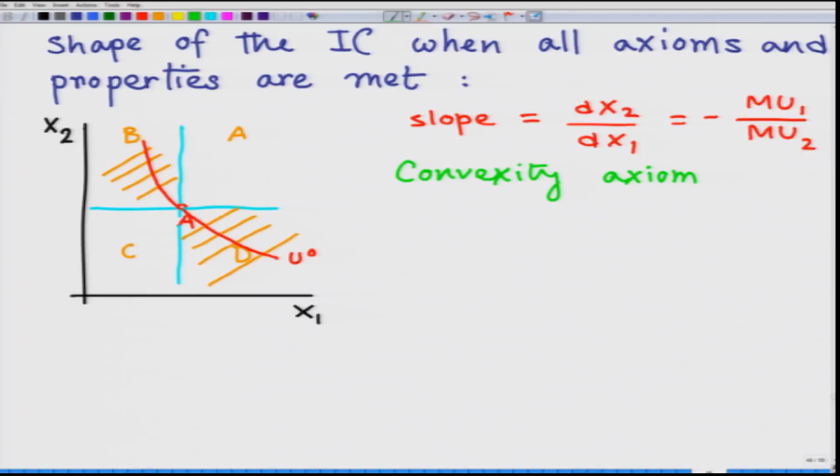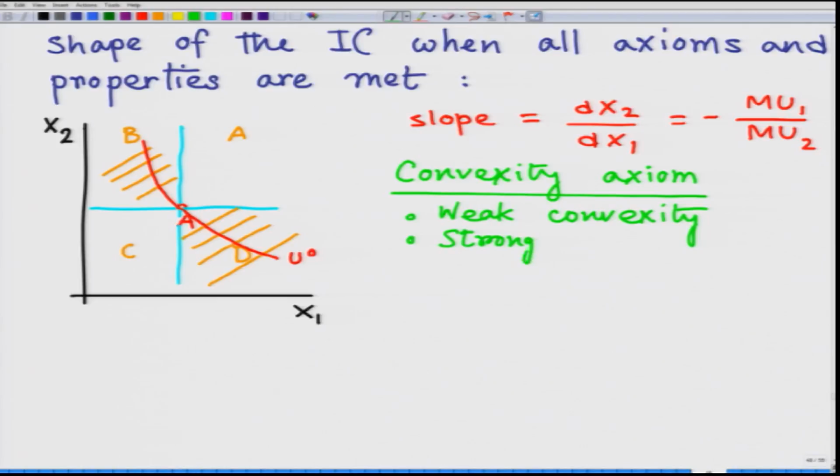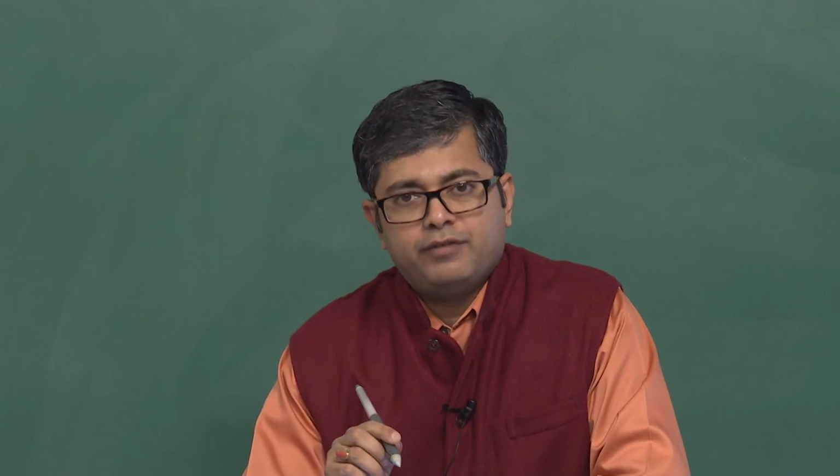Convexity can be of two types, strong and weak. When we have drawn this convex to origin indifference curve, we are assuming strong convexity.